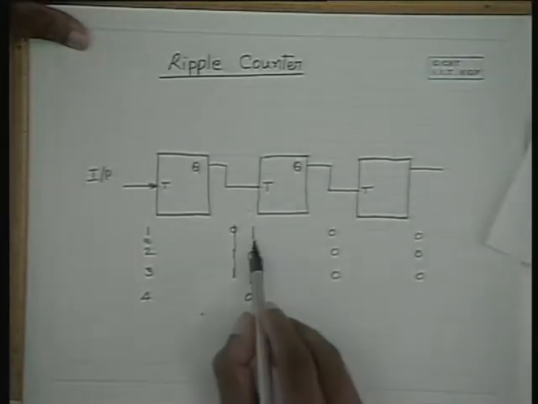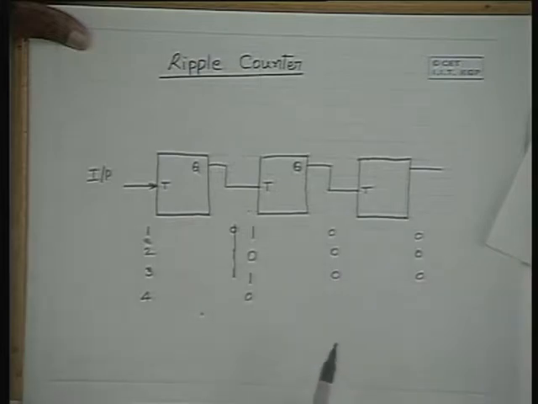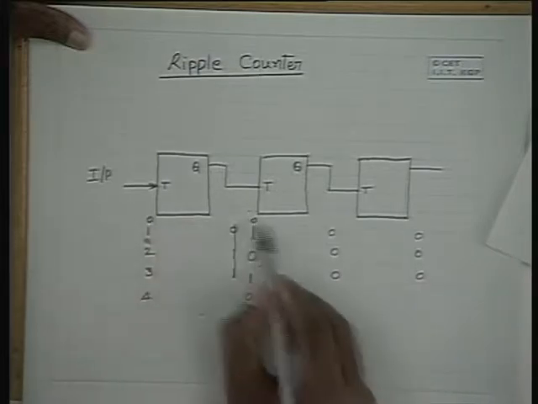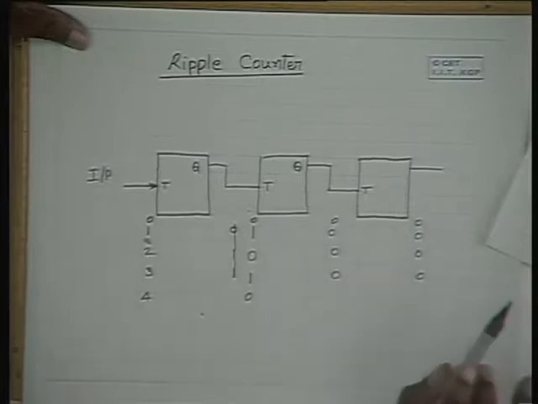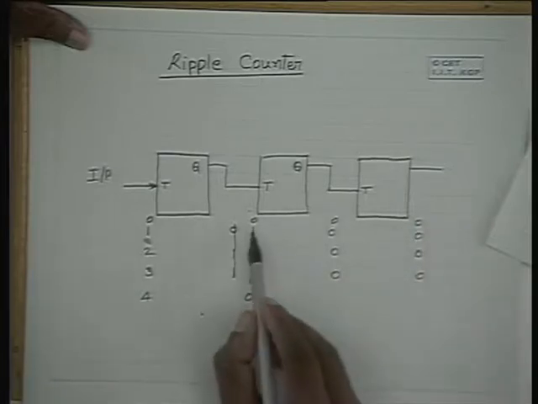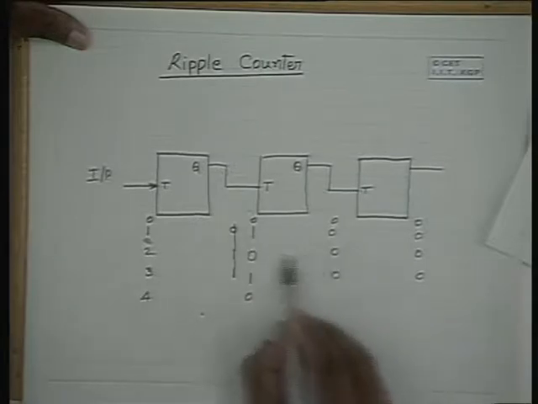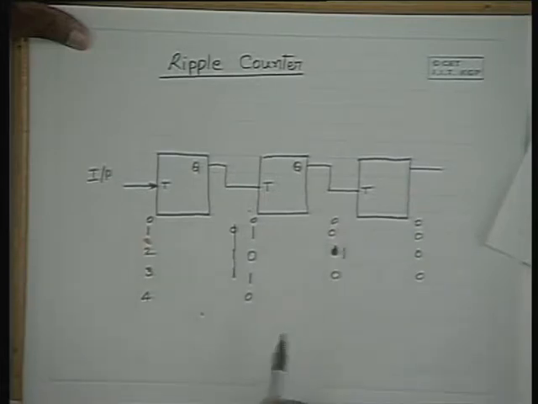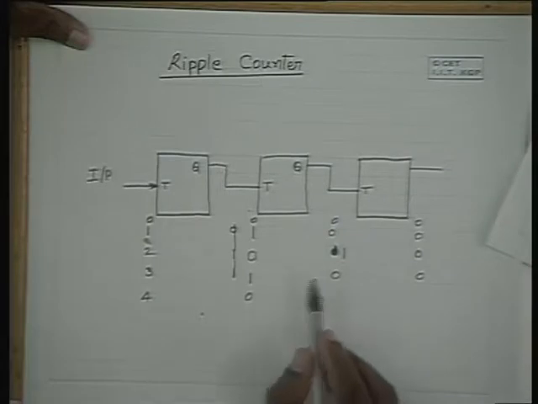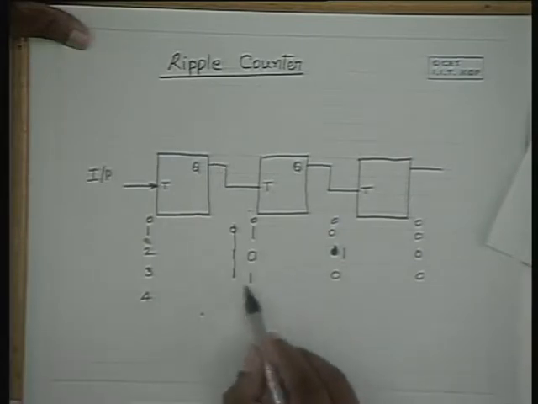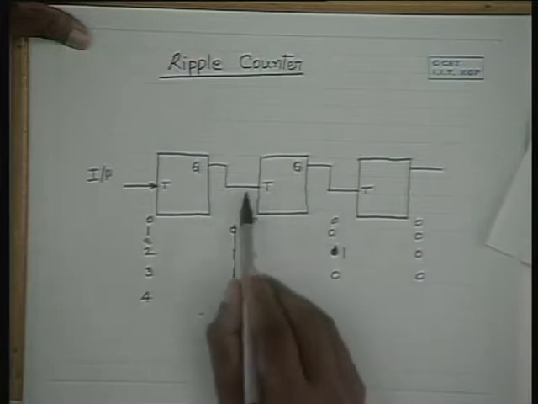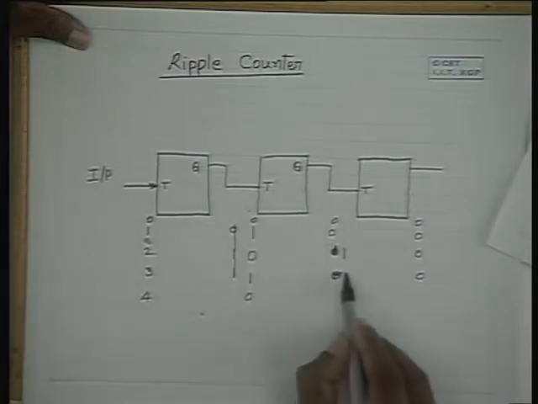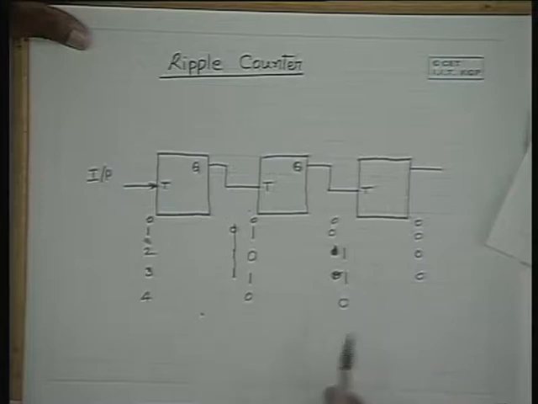Now, we have the same situation over here. Again, initially, say, everything is cleared to 0, 0, 0. Now, after the first cycle applied to this one, it will be a 1. After the end of the next cycle, this one will be a 0, like what I have given here.